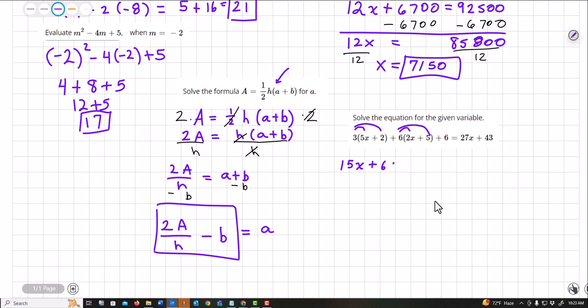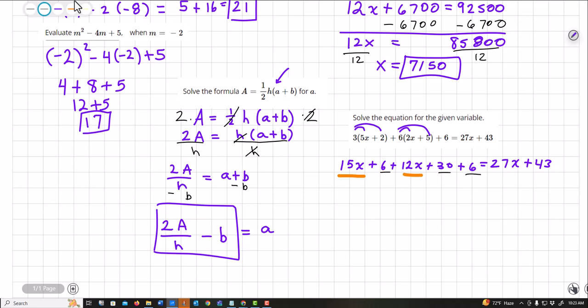3 times 2 is 6. 6 times 2x is 12x. 6 times 5 is 30. Then plus that 6 equals 27x plus 43. Now what I want to do is find like terms on this one side and collect them.